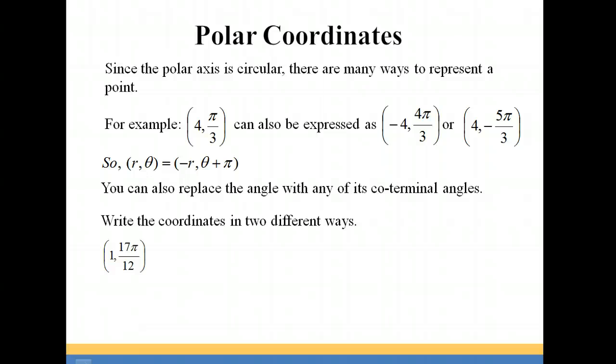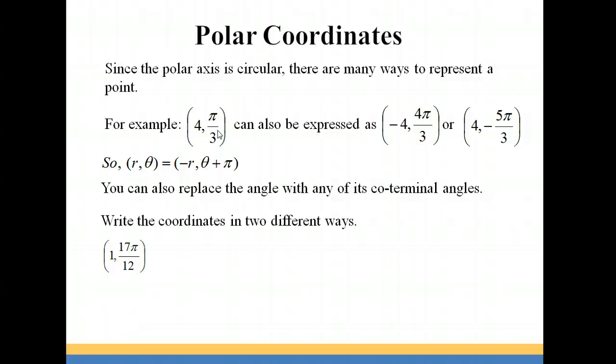So we just added pi to our angle and took the opposite of the radius length, which is this formula that we have here. We could also add or subtract 2 pi to our angle measure and get the same point, because that would just be going around the circle one more time. But you can do it infinitely and keep adding 2 pi to your angles. So you're getting all those coterminal angles.